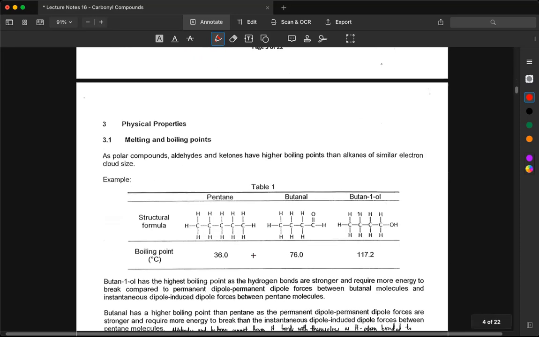Okay? Now, as polar molecules, aldehyde and ketone have higher boiling point than alkanes of similar electron cloud size. So similar electron cloud size means similar number of electrons, which means similar value of Mr, relative molecular mass.